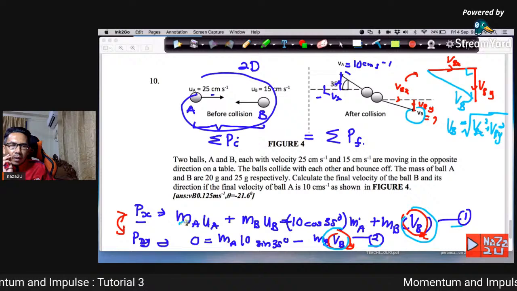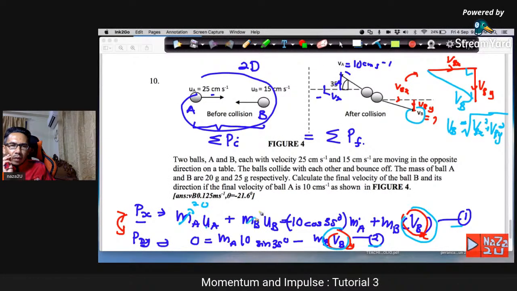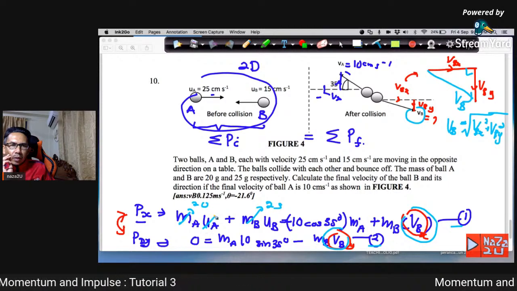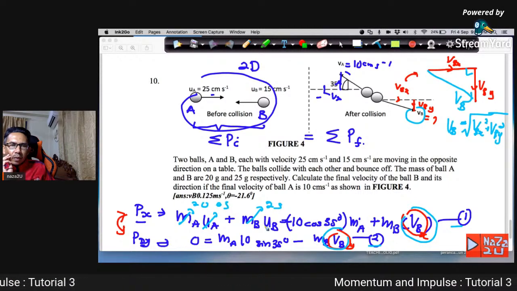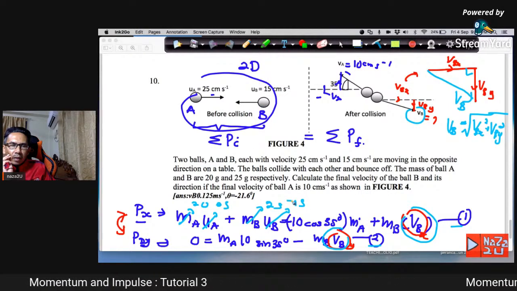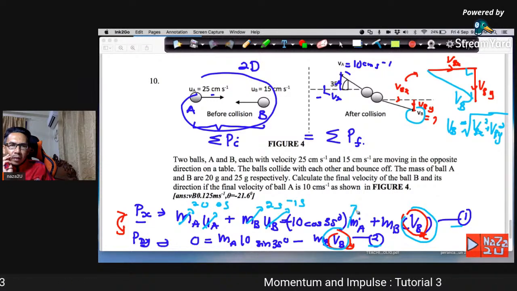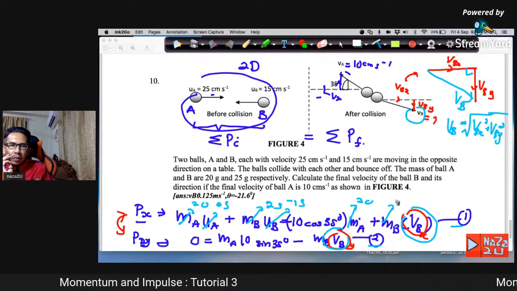A 20, B 25, apa lagi? Lepas tu UA kita ada 25, UB kita ada 15, tapi UB tu ke arah kiri, so mesti letak negatif. Last sekali, MA kamu gantikan sini adalah apa tadi? 20, this is MB 25.